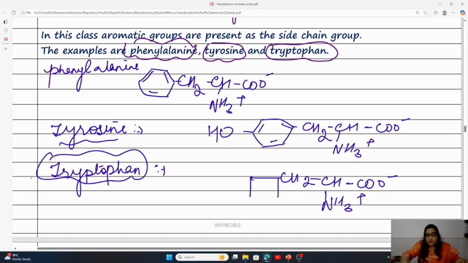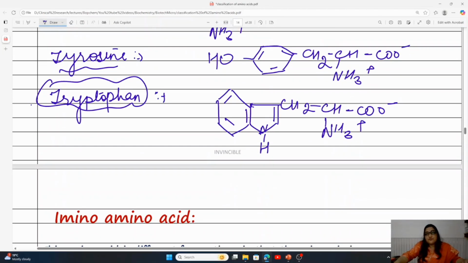It has an indole ring like this. Here is the N and H. Okay. So from here, there will be a benzene ring. So this is the structure of tryptophan.